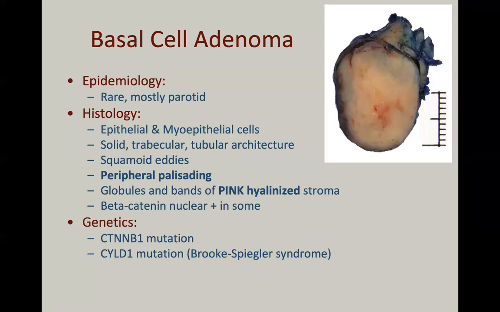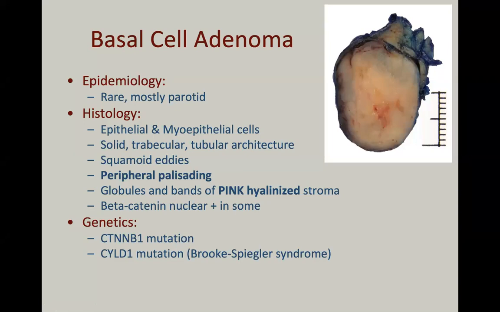The next type of tumor that has both a benign and a malignant counterpart is basal cell adenoma and basal cell adenocarcinoma. Now, I will just point out that this is not the same as basal cell carcinoma of the skin. Basal cell carcinoma of the skin is histologically similar, but completely genetically and behaviorally different.